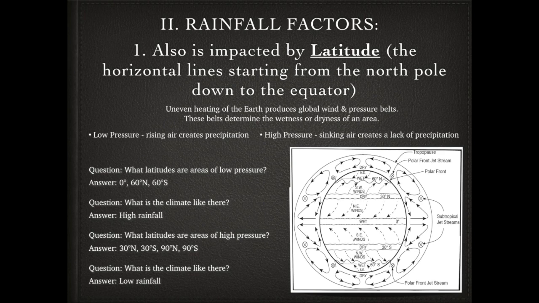The rainfall factors are impacted by the latitude lines, and if you look at the picture there, you can see that it's not just at the equator, but also at the 60 degree latitude lines. At the 60 degree line, the 0 degree line, and the 60 degree line, you have a lot of moisture. At the 60 degree latitude lines, it's primarily going to be colder, so that moisture may be in the form of snow. At the 0 degree line, it's too warm, so it's going to be rain.